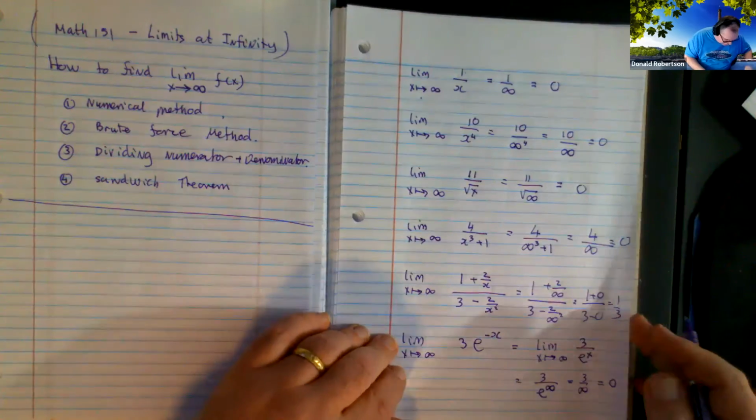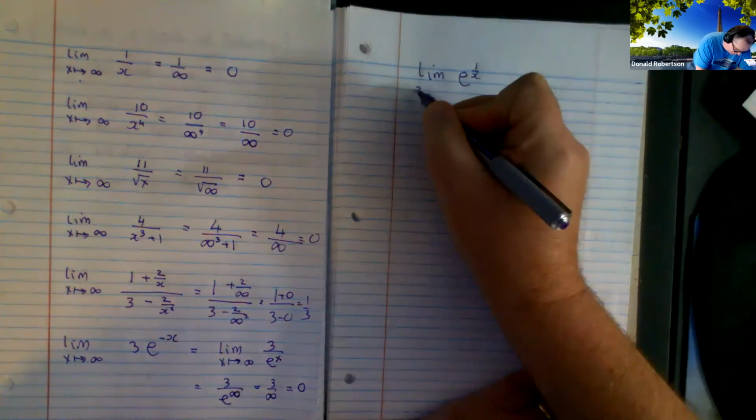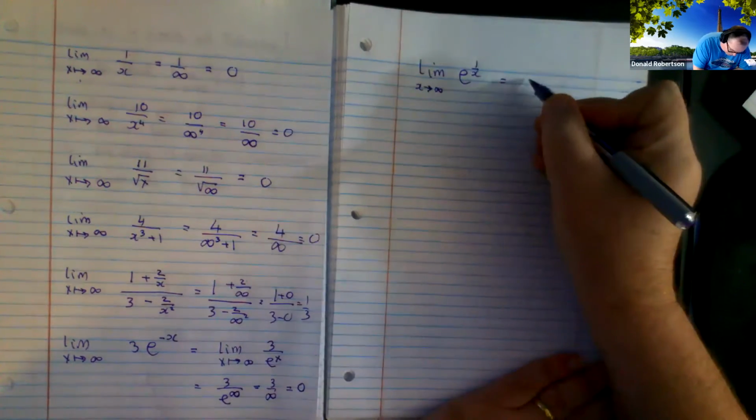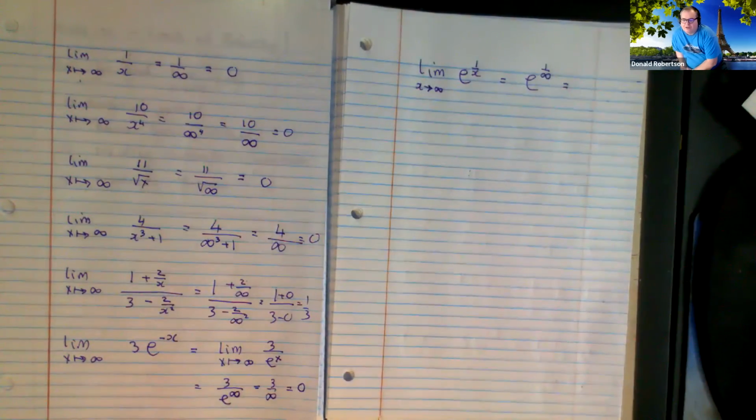Let's do another exponential one. Now I can't really do anything with that except plug in infinity. So e to the 1 over x becomes e to the power of 1 over infinity.